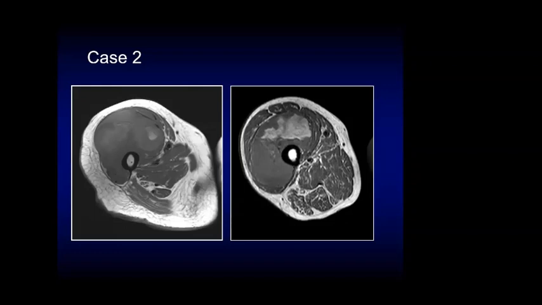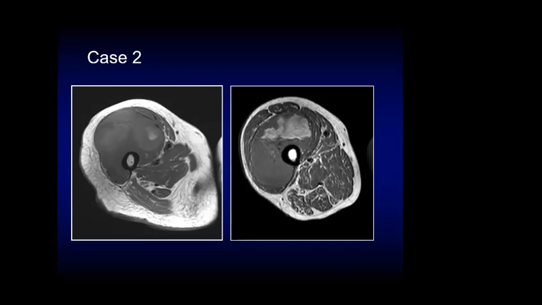Okay, so if you were to do local staging on this patient, remember we had a list of criteria for local staging. Can you just go over the list? Yes, as we said, the site is very important, first of all, the location regarding the compartment: the upper thigh, anterior compartment.